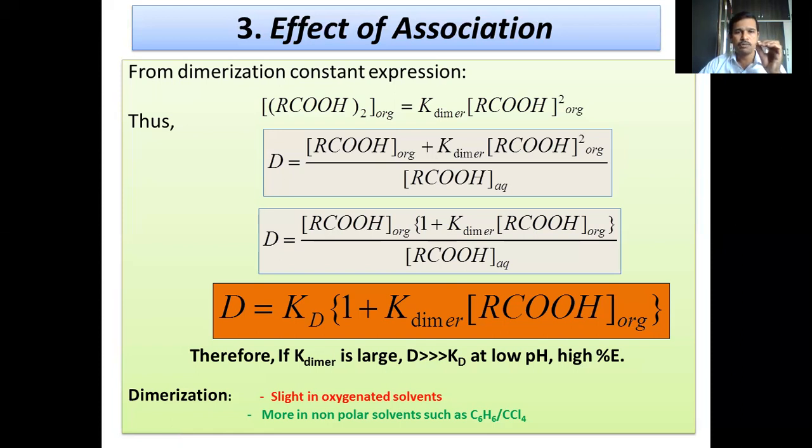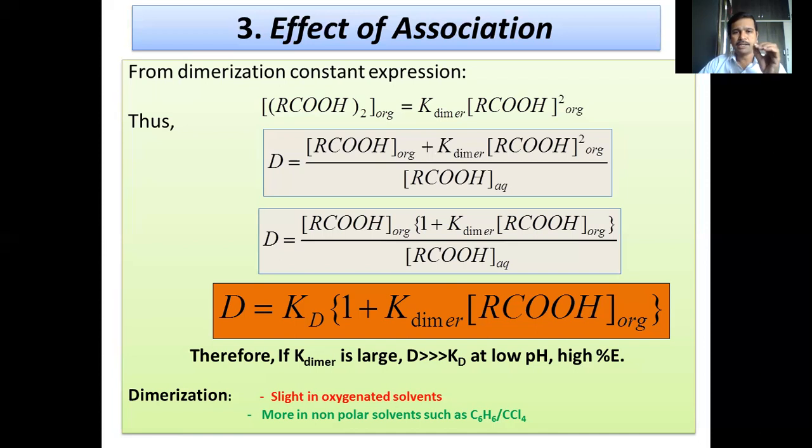And we have discussed extraction of essentially covalent neutral molecules by taking iodine and benzoic acid as examples, and the extraction factors which will vary the value of D and thus the value of E. We have discussed three important factors: the pH of the aqueous layer. Acids can be extracted with better efficiency provided the pH is very low, that means a very high concentration of acid, and bases are extracted at very high pH, meaning a very high concentration of hydroxide ions.